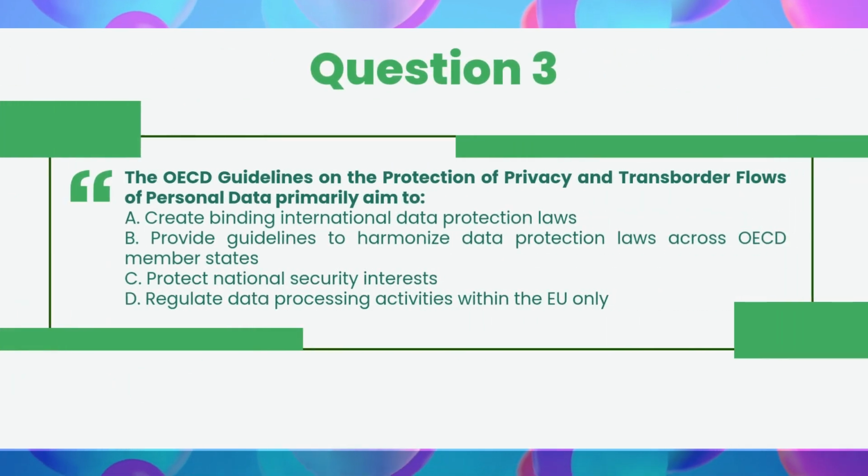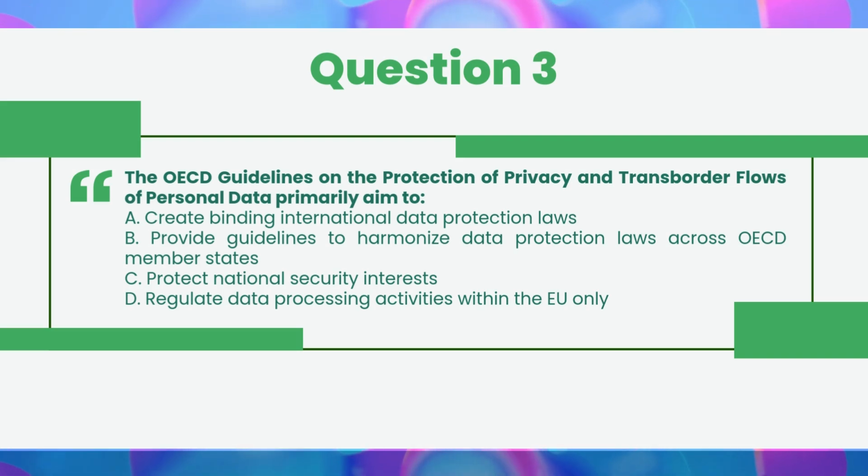Question 3. The OECD guidelines on the protection of privacy and transborder flows of personal data primarily aim to A. Create binding international data protection laws. B. Provide guidelines to harmonize data protection laws across OECD member states. C. Protect national security interests.